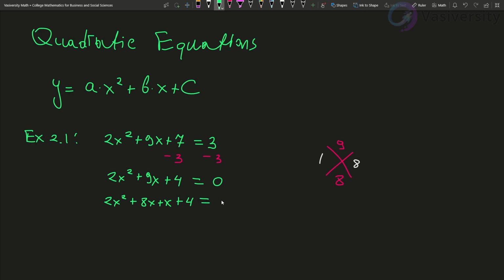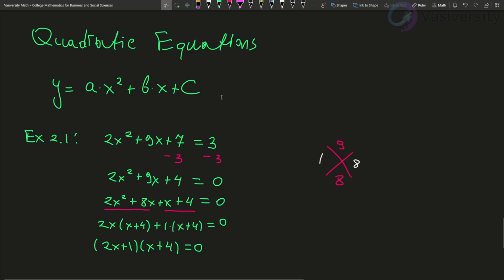And now we're going to be factoring by grouping. Here is our first group, and here's our second group. We're going to have 2x as our common factor between the first two terms, 2x times (x plus 4), plus 1 times (x plus 4) equal to 0. So we have two multipliers: (2x plus 1) times (x plus 4) is equal to 0.